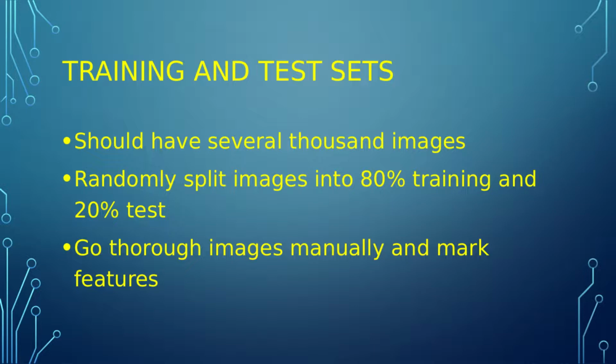It's very pedestrian at this level. So you take your training images and you split them 80% for training and 20% for test. And test means it's going to compare against an image to see how close the model is to finding what it's supposed to find.